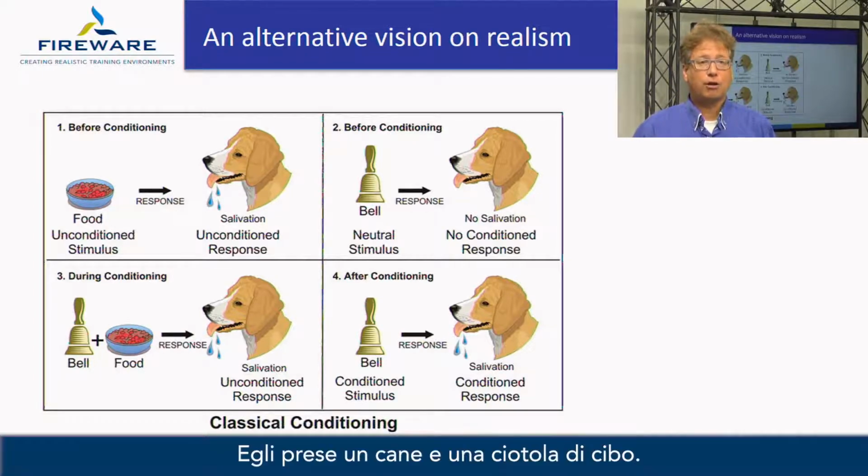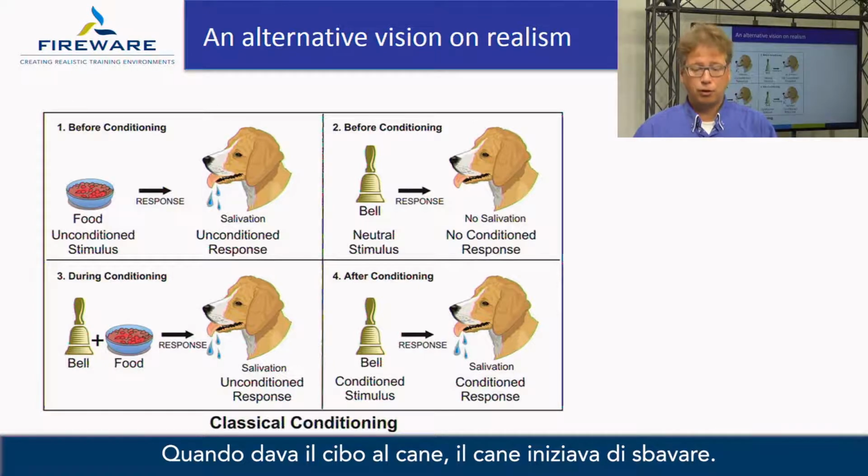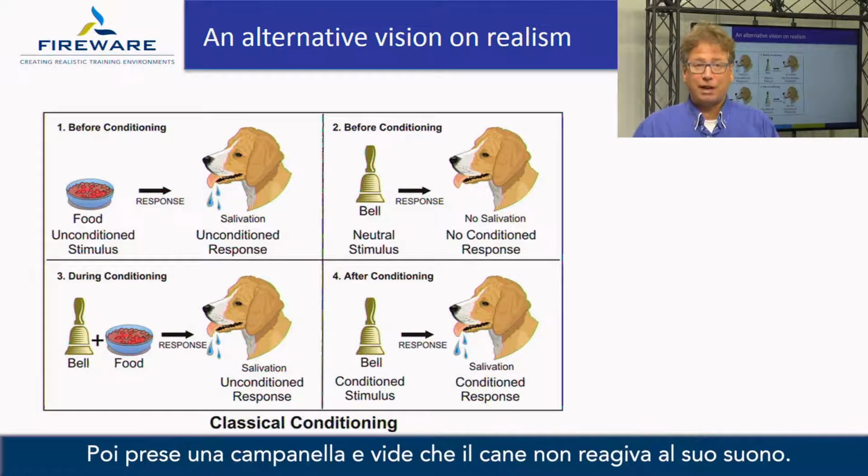He took a dog and he took some food. And when he gave the food to the dog, it reacts to it by drooling. And when he rang a bell, the dog did completely nothing.